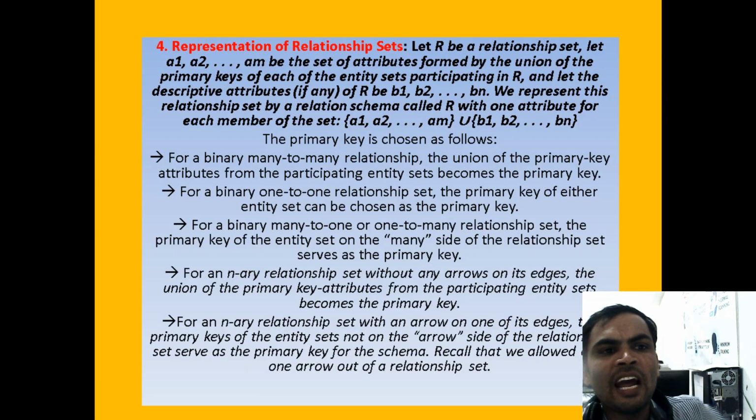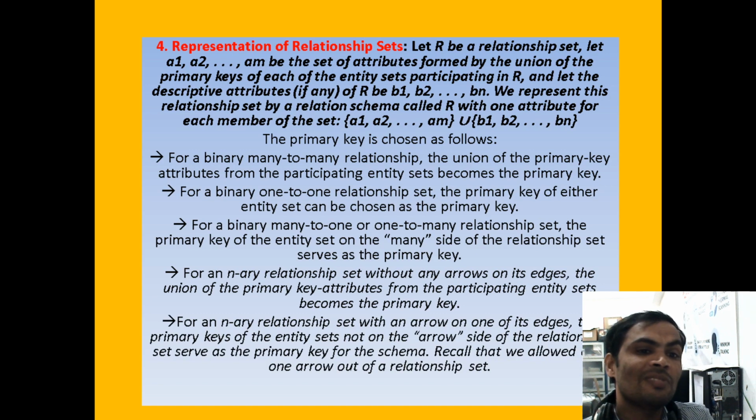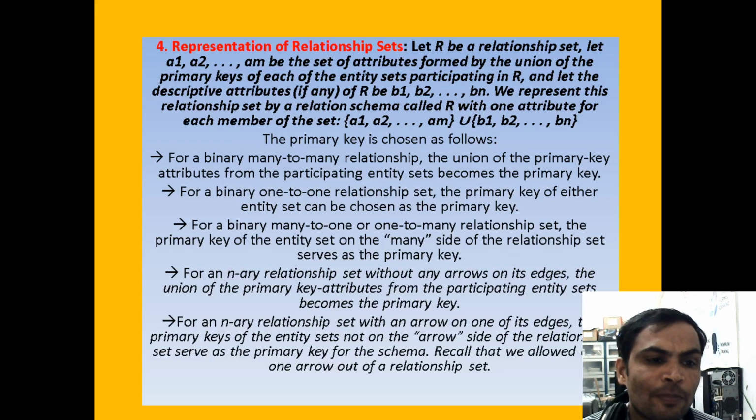Finally, representation of relationship is very important. When representing a relationship between two entities, we call it binary. When representing a relationship between three entities, we call it a ternary relationship.